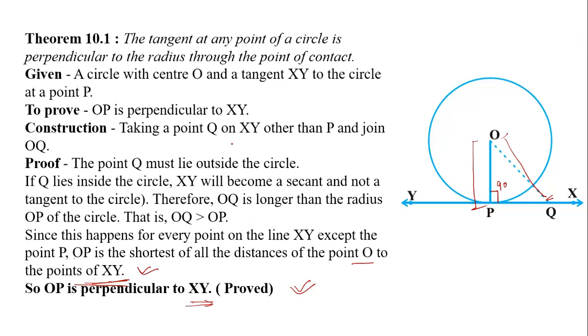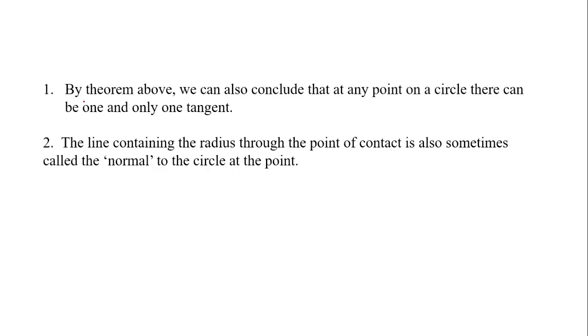And thus we can say that the tangent at any point of the circle is always perpendicular to the radius, and this is a very important result for our question purposes. By this theorem, we can also conclude that at any point on the circle there can be only one tangent. This is one important result also. The perpendicular at the point of contact can also sometimes be called the normal of the circle.